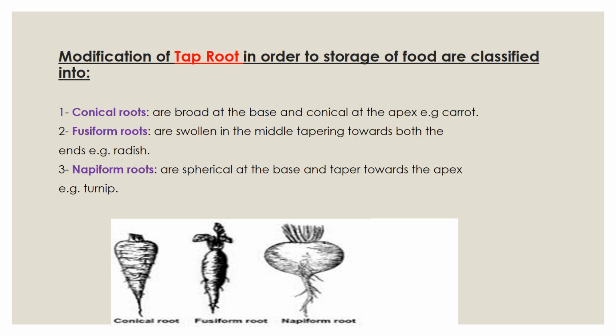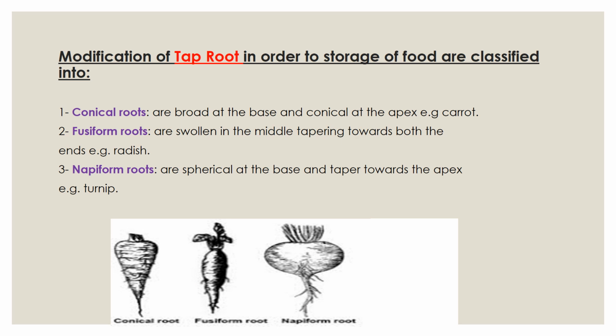The apex of this taproot tapers, and the base of the taproot is spherical. In the picture, the example of this type is turnip.